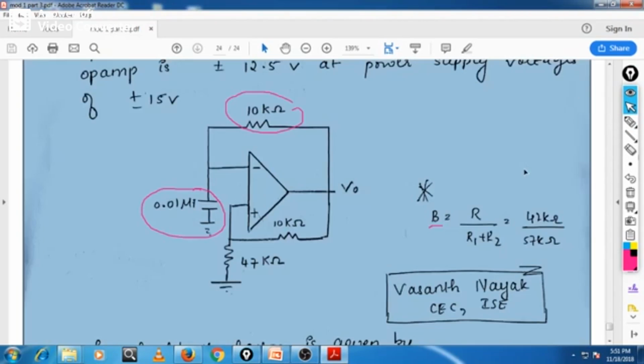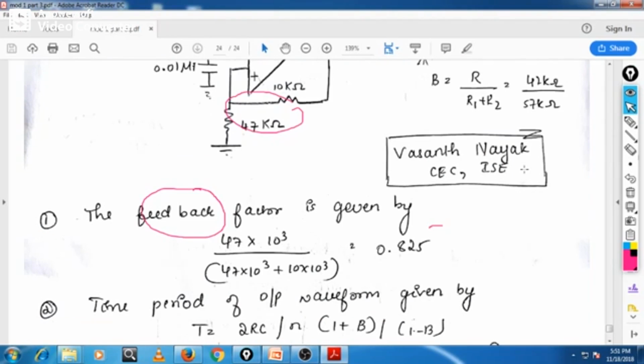By using the value of B, we got B equal to 0.825.